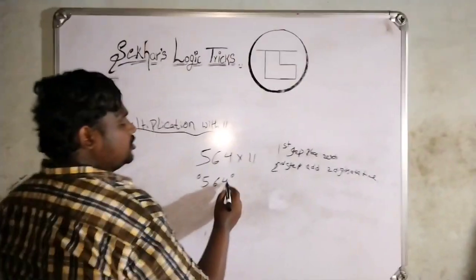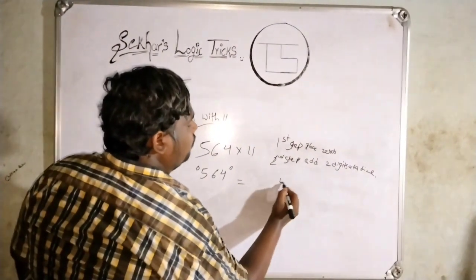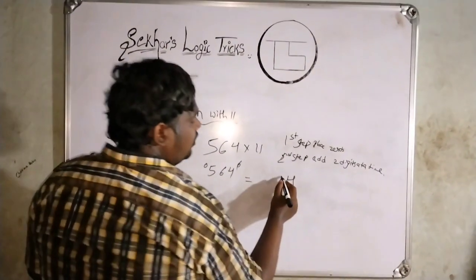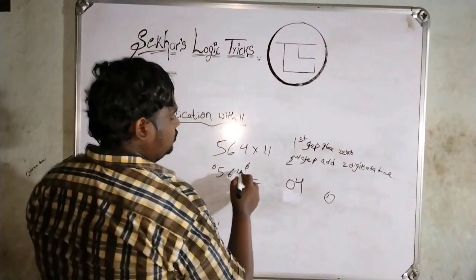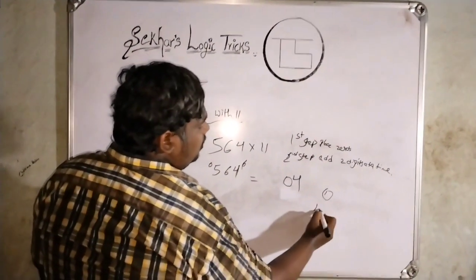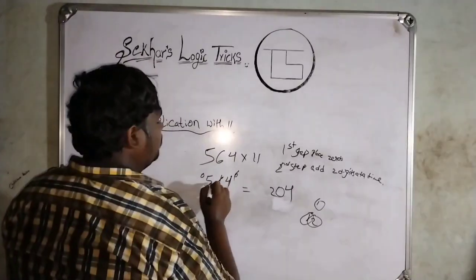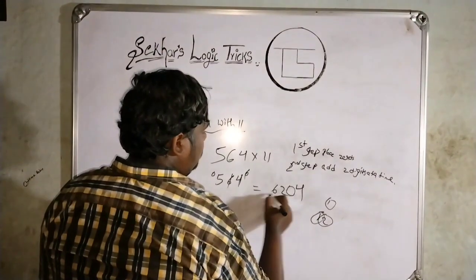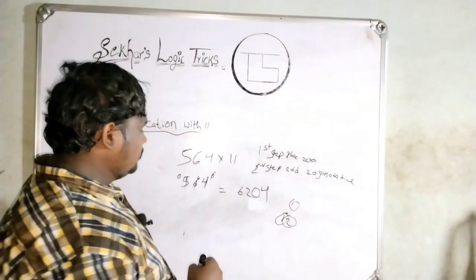Okay, let us discuss. 0 plus 4 is 4, cut 0. 4 plus 6 is 10, so 0 and 1 is carried. 6 plus 5 is 11, 11 plus 1 is 12, so 2, and 1 is the carry. 1 plus 5 is 6.